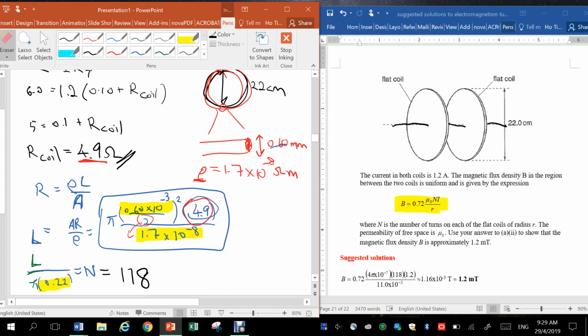Right, n equals 118. You can sub all of these values in. Use your answers in A part 2 to show that the magnetic flux density is approximately this value. Oh, isn't this just a sub in question? So we can sub in the values of mu naught.